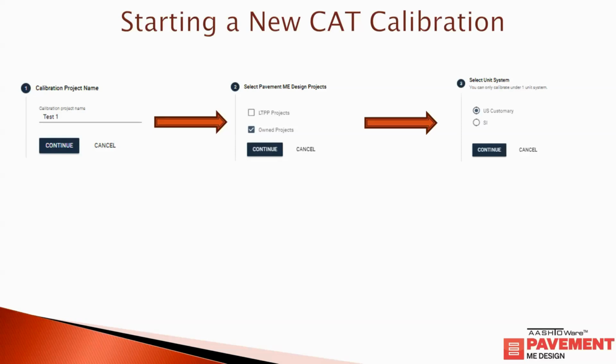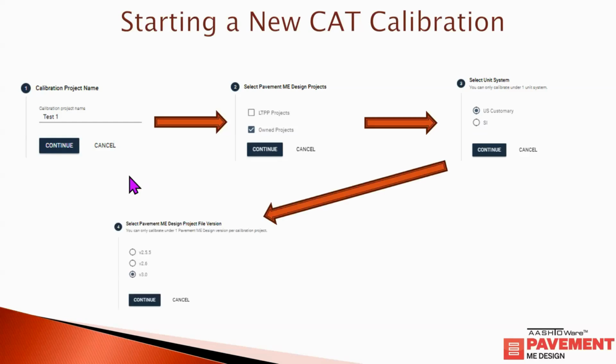And then the third entry is selecting whether to use standard US units or metric. And then finally, you're going to select which Pavement ME Design file version. So the CAT can analyze files from the desktop 2.55 or 2.6 version, as well as the web application, the 3.0 version.